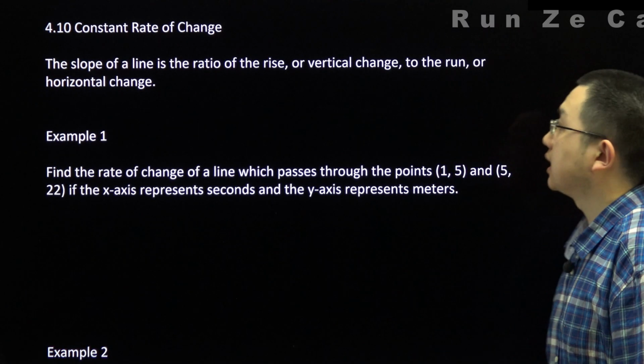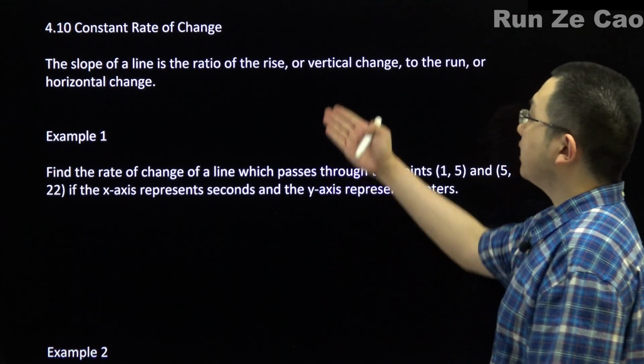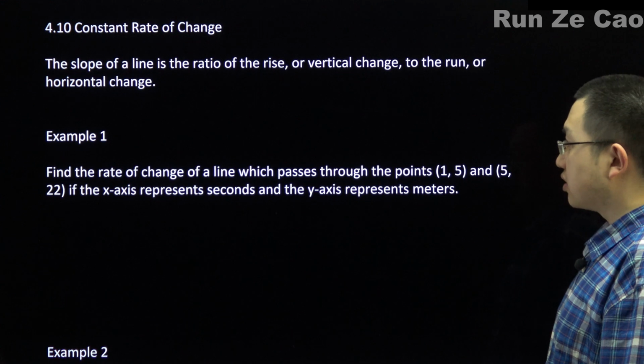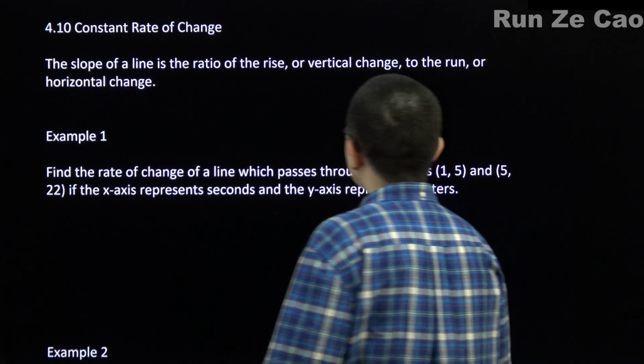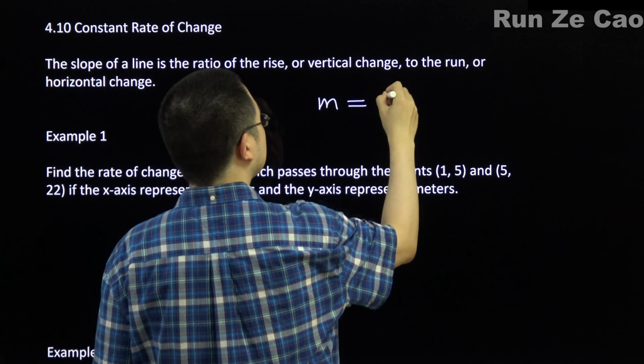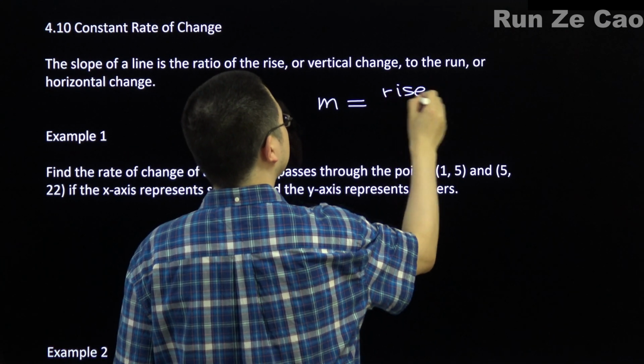Constant rates of change. The slope of a line is the ratio of the rise, or vertical change, to the run, or the horizontal change. So m is the symbol generally used for slope, and it's equal to rise over run.